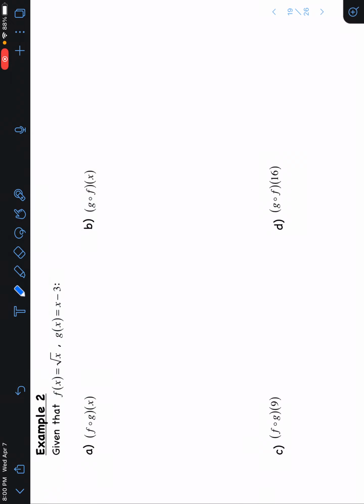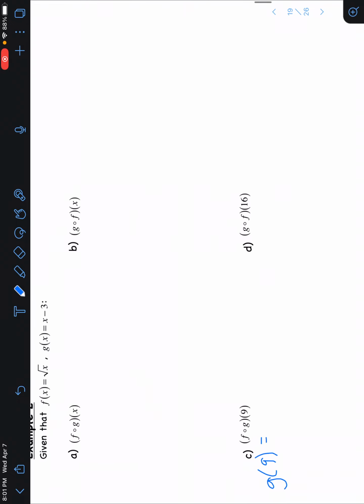So which letter would I start with for letter C? It says f of g of 9. Which function do I start with, f or g? You should be thinking g. So you're going to start with g of 9. So g is x minus 3, so that'll be 9 minus 3 is 6.